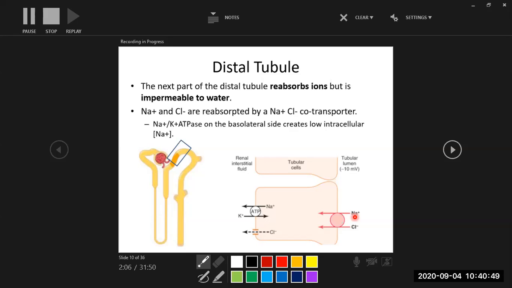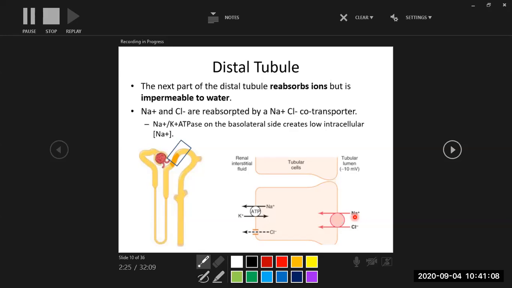In the loop of Henle, the loop diuretics block the sodium 2-chloride potassium channel, and that is a powerful loop diuretic to help our body.